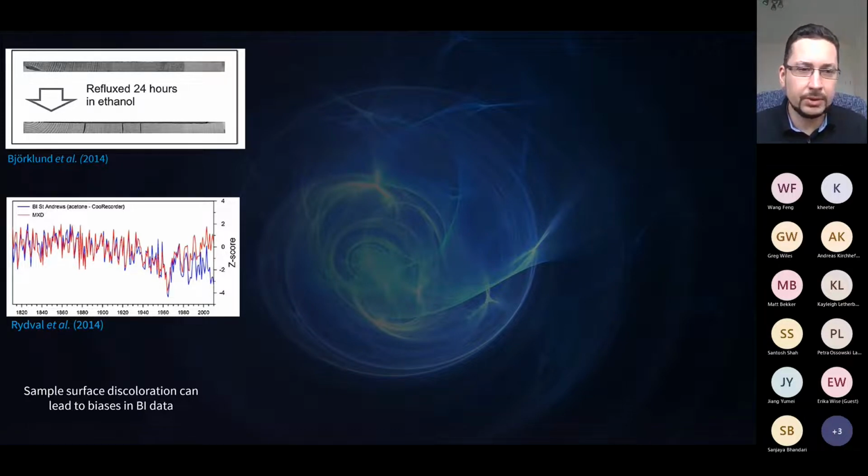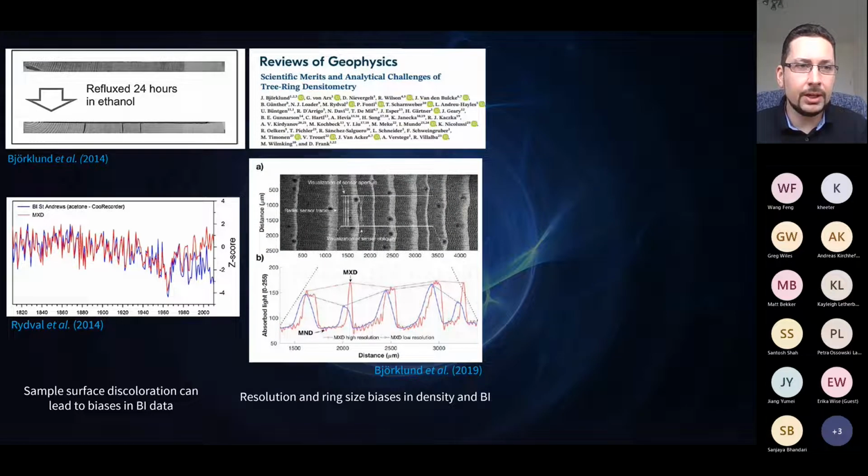We know this from comparing blue intensity data with density data, for example. That is potentially an issue, especially when we're looking at longer term trends. Using chemical approaches and treatment, we can minimize that, but usually it's not a perfect solution.